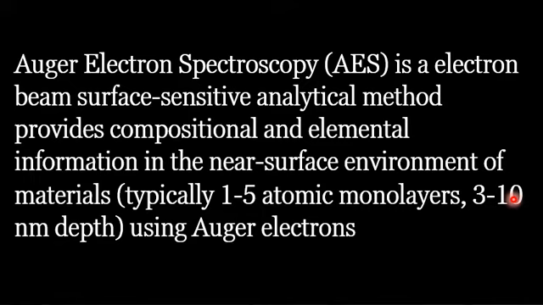Dear student, please note that the energy of Auger electrons is in the range of 50 electron volt to 3 kilo electron volt. For this energy range, the mean free path is very short, which means that Auger electrons cannot go beyond this penetration depth.